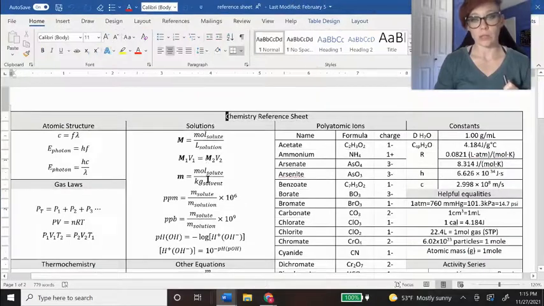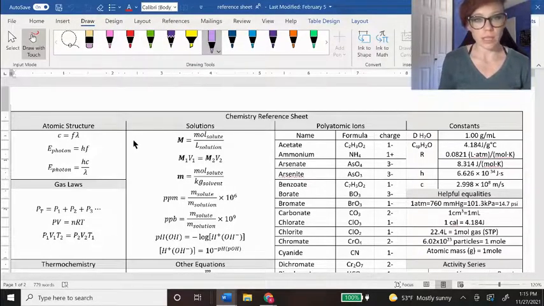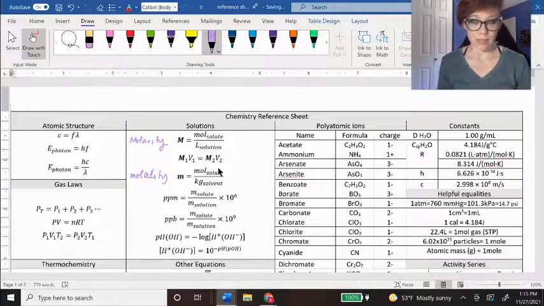underneath solutions. So your bolded capital M is molarity. Your lowercase bolded m is molality. This is parts per million, parts per billion. The one that I do not have on here is percent mass.